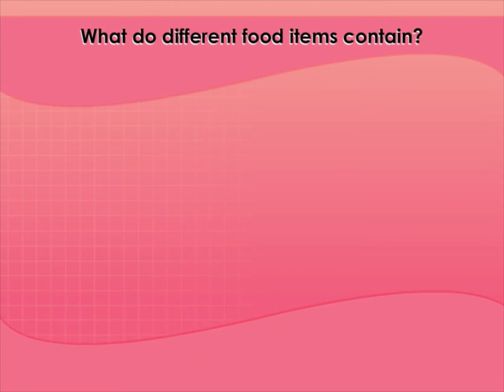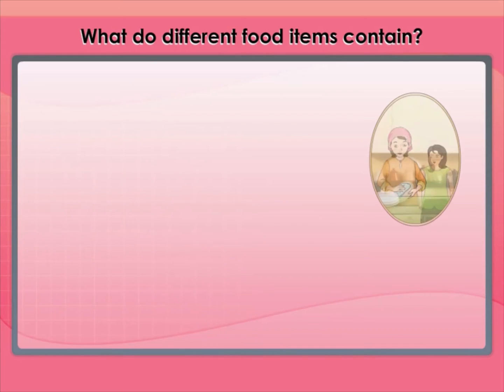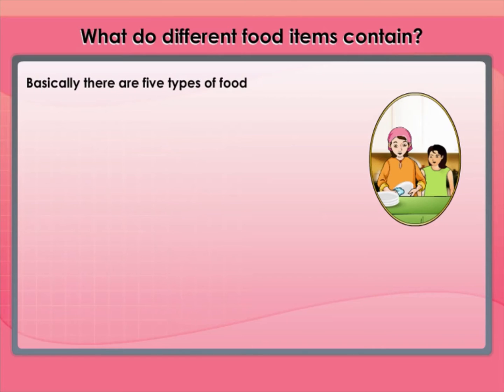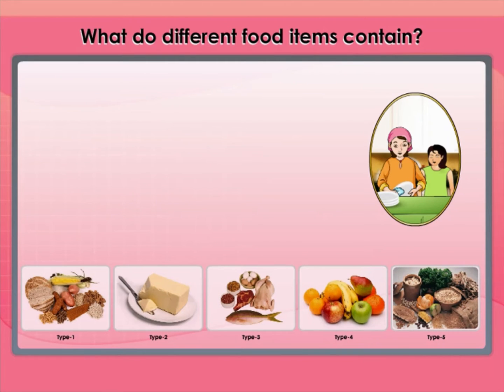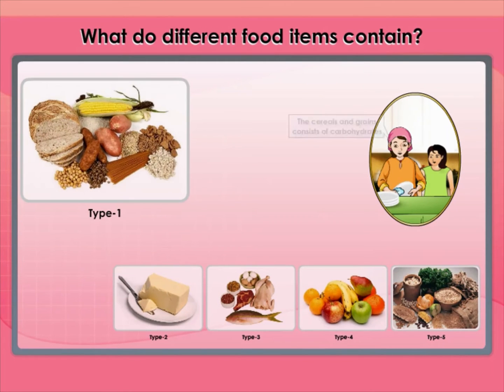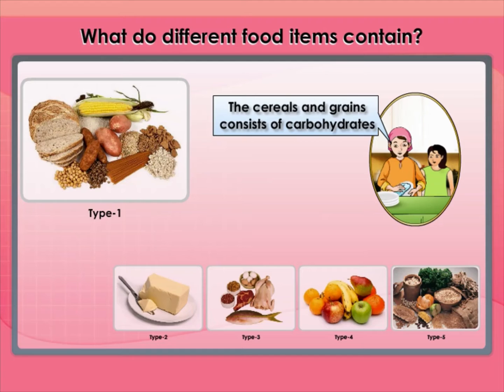What do different food items contain? Let me tell you what the different types of food are. Basically, there are 5 types of food. The cereals and grains consist of carbohydrates.